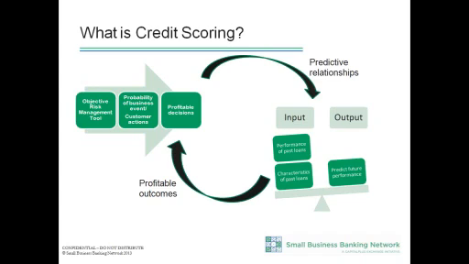Credit scoring uses quantitative measures of the performance and characteristics of past loans to predict the future performance of loans with similar characteristics. Credit scoring is a scientific method of assessing the credit risk associated with new credit applications. Models derive predictive relationships between application information and the likelihood of satisfactory repayment.